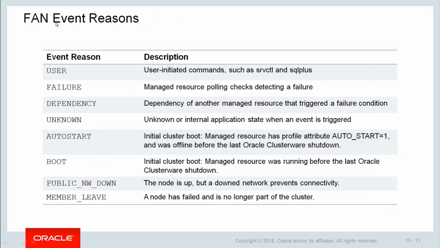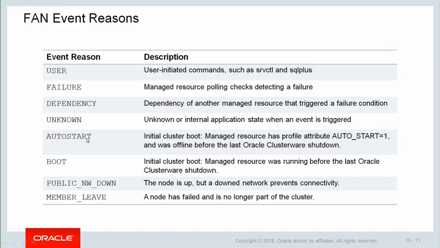And a FAN message also includes a region code as well. So user means the user changes the status of a component. And failure, or because of a dependency, the component status got changed. And unknown means we don't know why the status got changed.